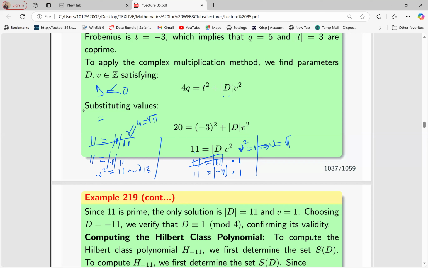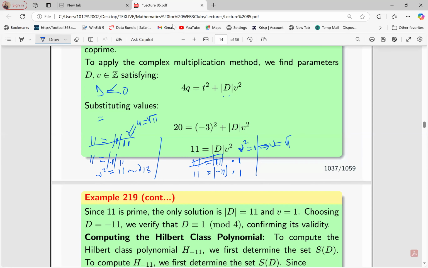That's what we're asking. So let me see. We have a code for verifying that, a code that gives us numbers that have square roots mod 13. I'm just looking for the code.